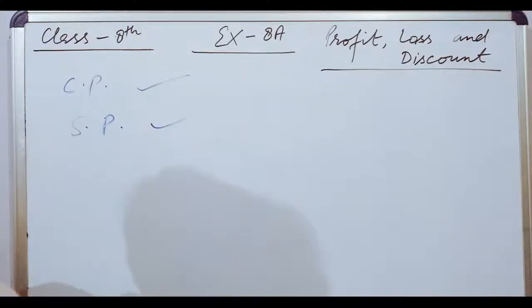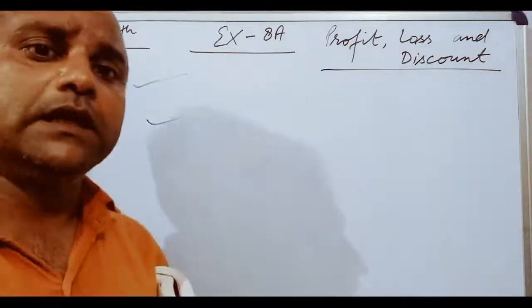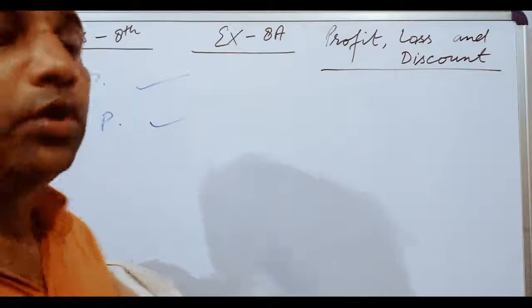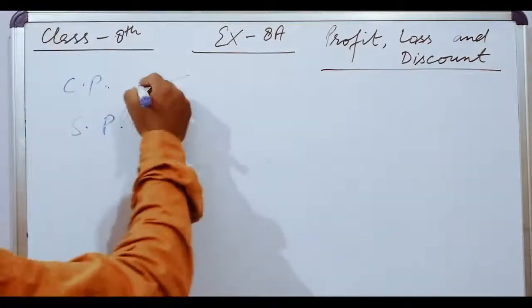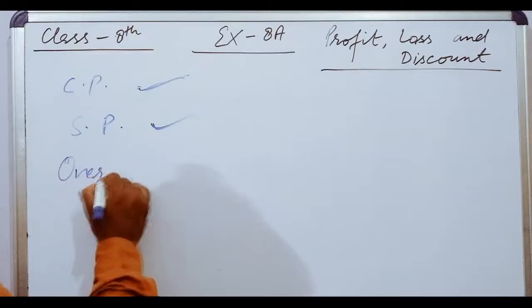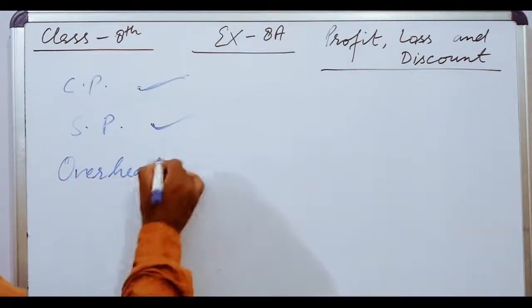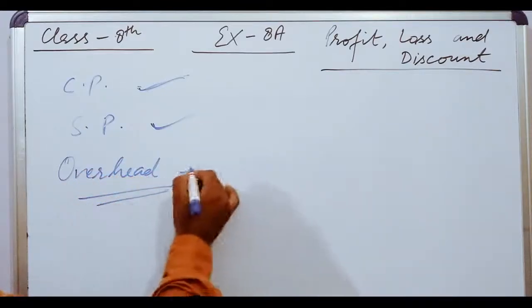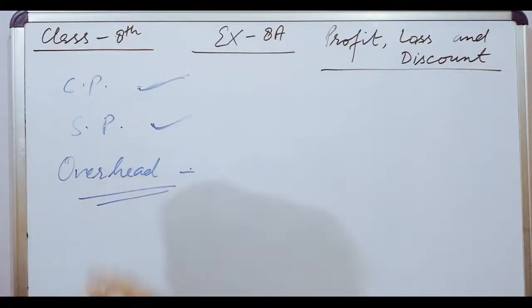SP is the price at which an article is sold. So this is CP and SP. Overhead means extra charges like repairing.